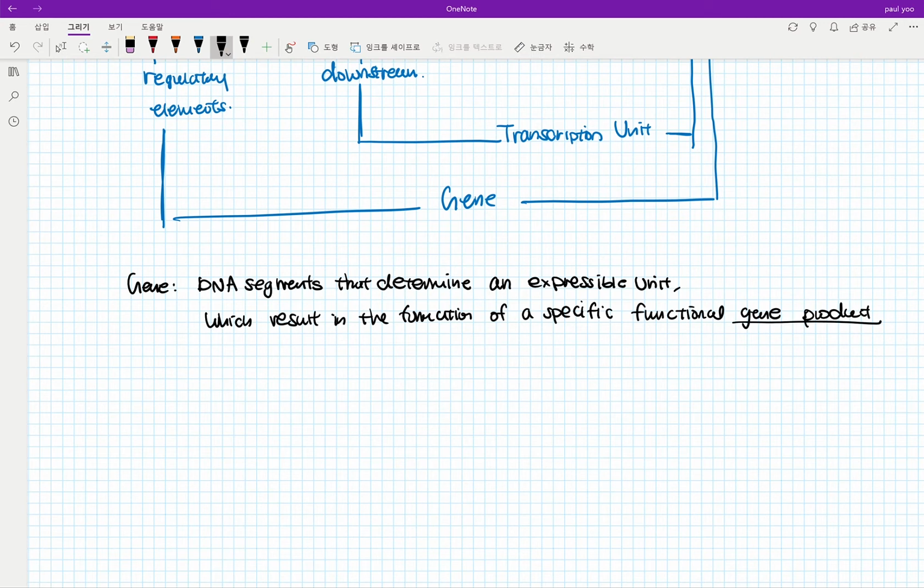And this gene product can either be RNA or protein.